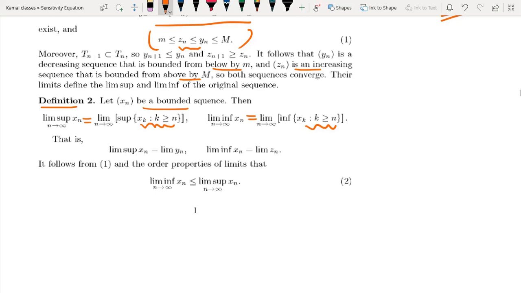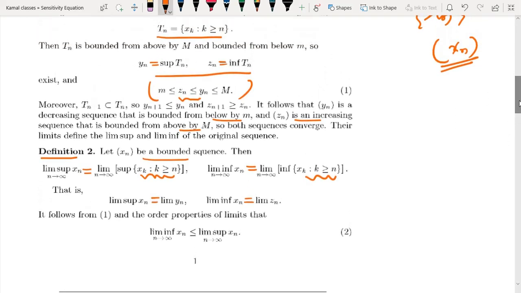Okay, and what happens is that the limit supremum of x_n equals the limit of Y_n, and similarly the limit infimum of x_n is the limit of Z_n. So whatever the limit of Y_n is, that is exactly equal to the limit supremum of x_n. Similarly, the limit of Z_n is equal to the limit infimum of x_n, and we have seen that the limit infimum of x_n is less than or equal to the limit supremum of x_n, and if you take the limit on both sides, a similar property remains true.